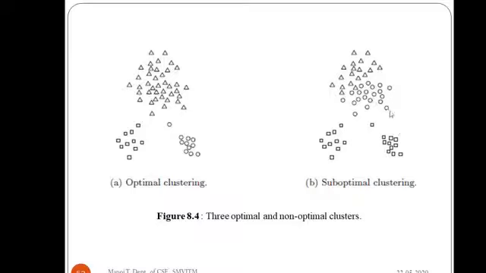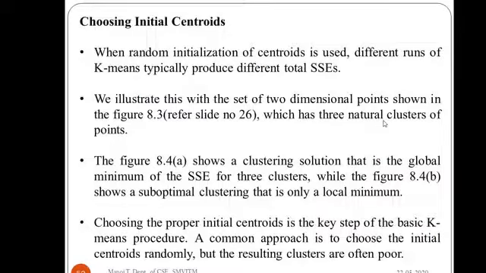This is because of the presence of a local minimum. It is minimum for a particular cluster, but not when you consider all the clusters together. So it is not well separated. That is why random initialization may lead to suboptimal clustering.